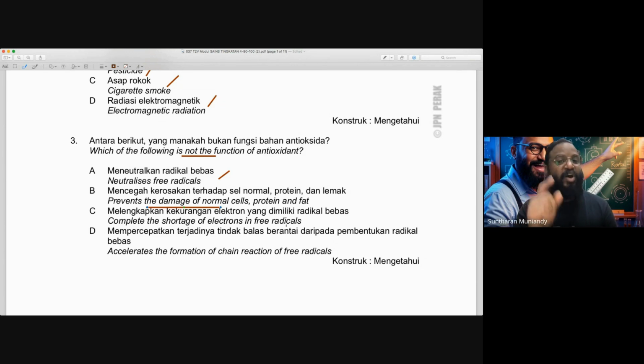That is not the function of antioxidant. It actually reduces and stops the formation of chain reaction of free radicals. Now, that is how we have to think about antioxidants. That D is not the function, so I picked D. Read the question carefully and answer accordingly. Number 3, D is your answer.